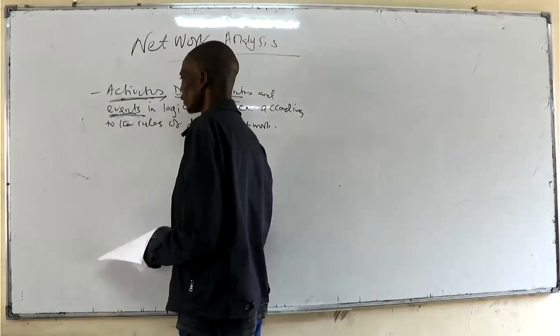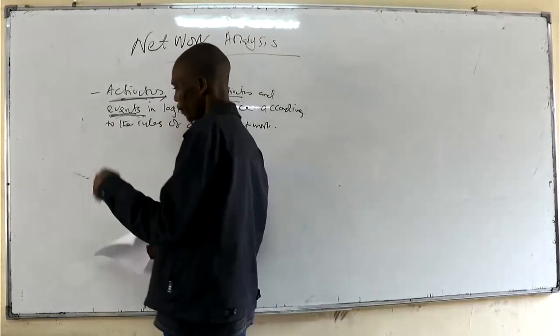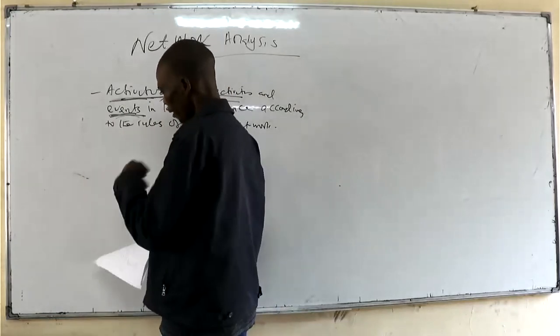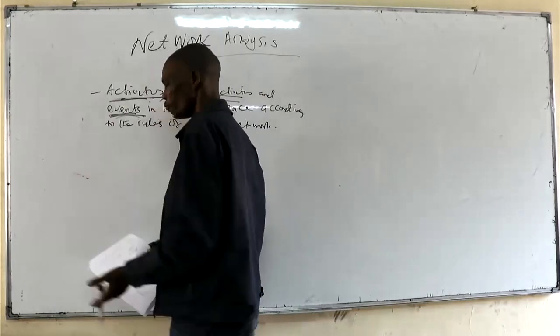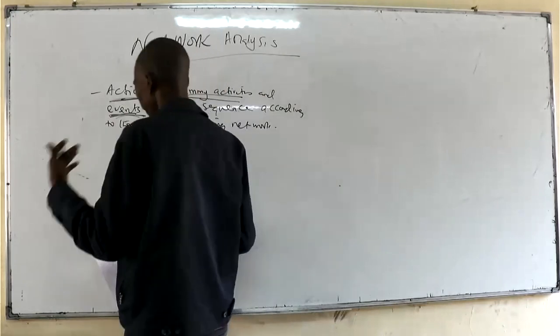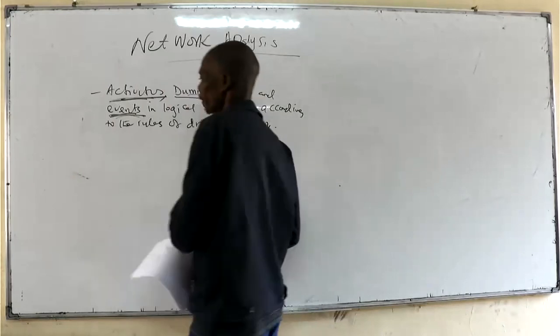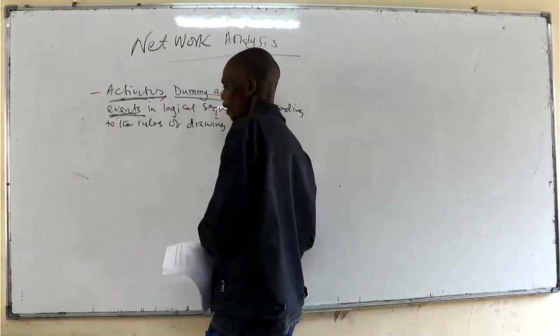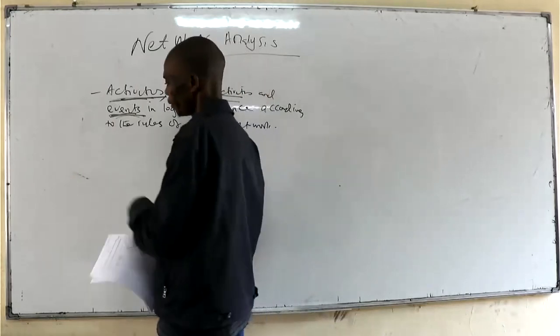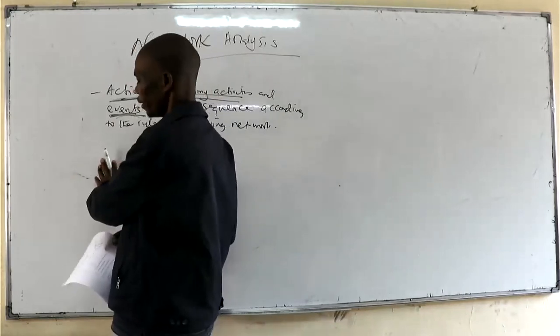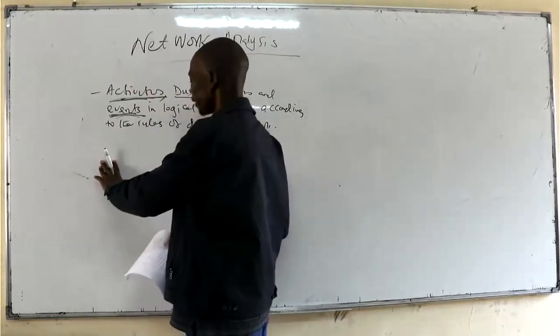Now, as I've said, when you are drawing a network, you draw it from left to right, and as a rule of thumb, you number the activities from right to left.